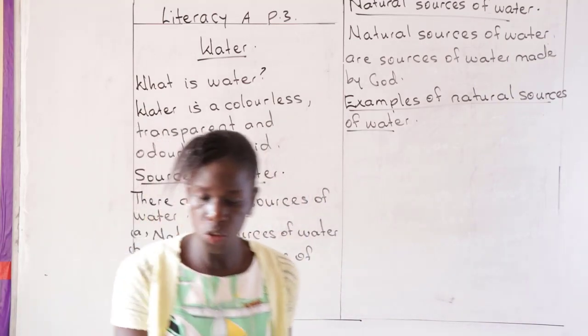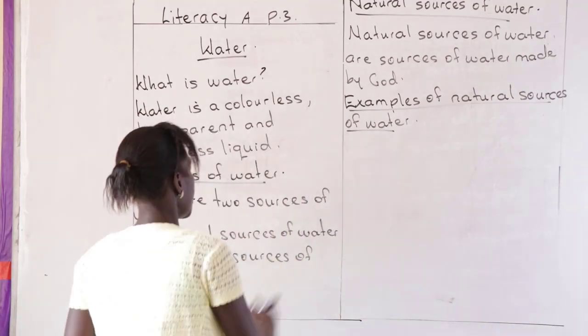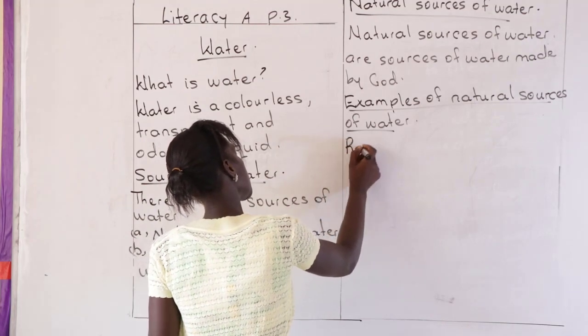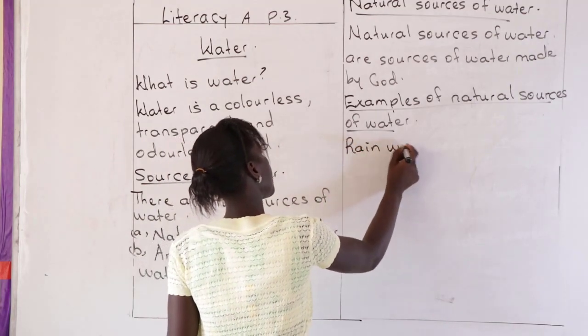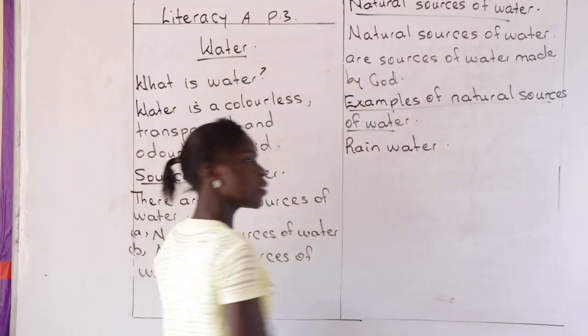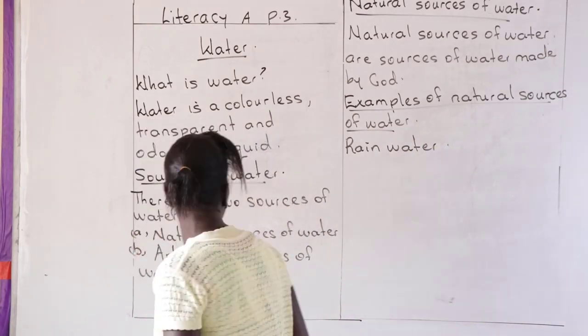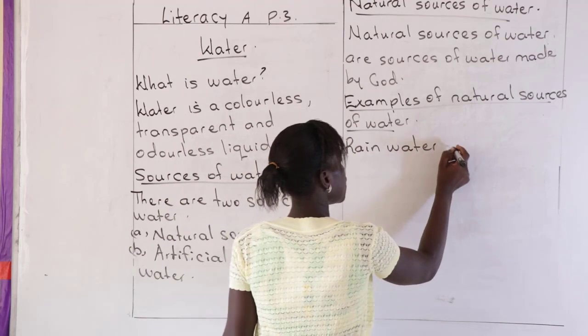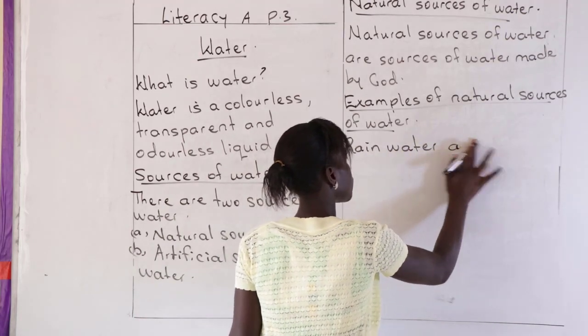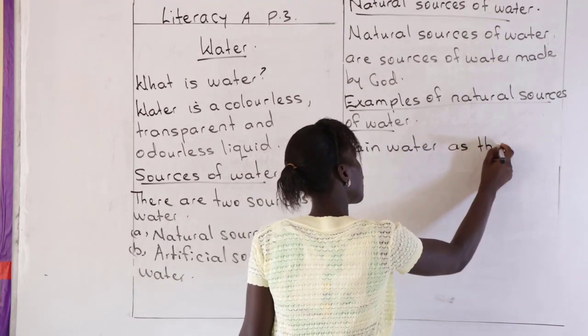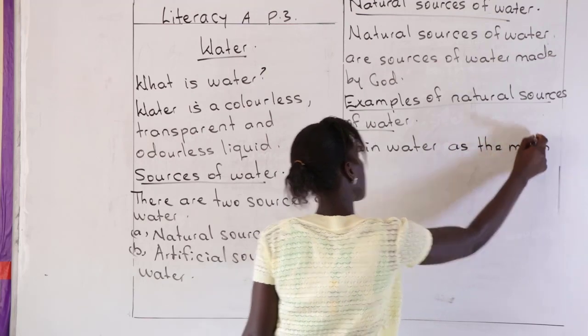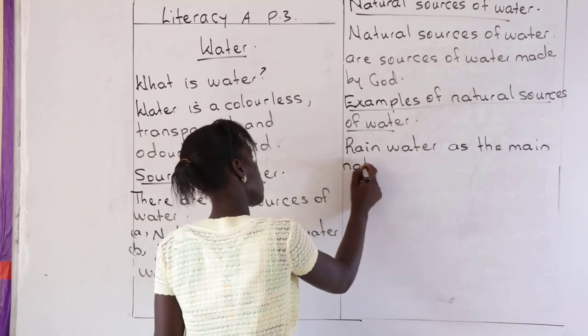The first natural source of water we have is the rainwater, which is the main natural source of water.